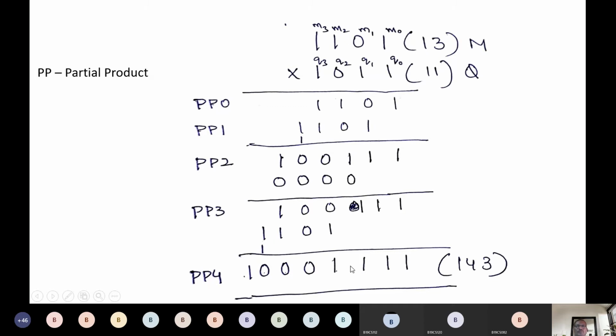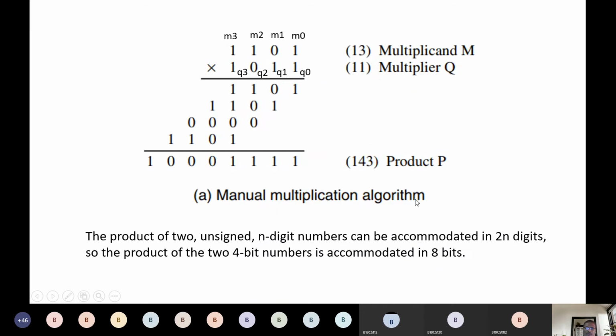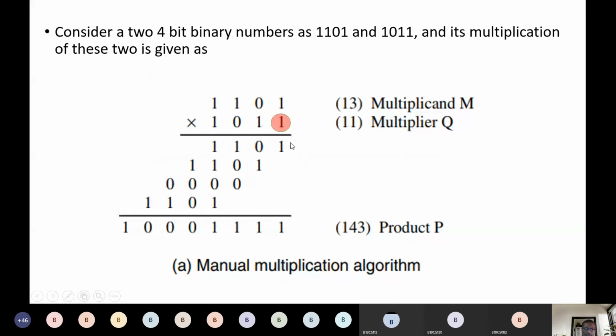So remember, we are adding these two, taking the result, adding that result to this one, again getting the result, adding the result to the last one. So at each intermediate step, we are getting partial products, and finally we are getting the actual product.